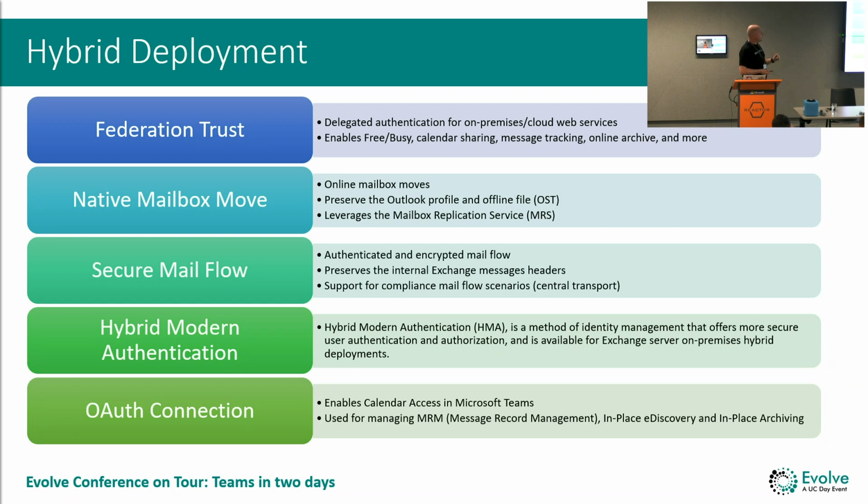And we've got that native mailbox move, where I said it gives us that offline cache that's retained during the migration itself. With the native mailbox move as well, we get an easy trick that everyone should obviously take advantage of, which is that we can move the mailbox in online mode. If you've got 100 people and they've all got to be migrated on a Monday morning, and some people have got a 100 gig mailbox and some people have got a 1 gig mailbox, we can pre-synchronize their mailboxes to Office 365 first, and then at the time we want to cut over.